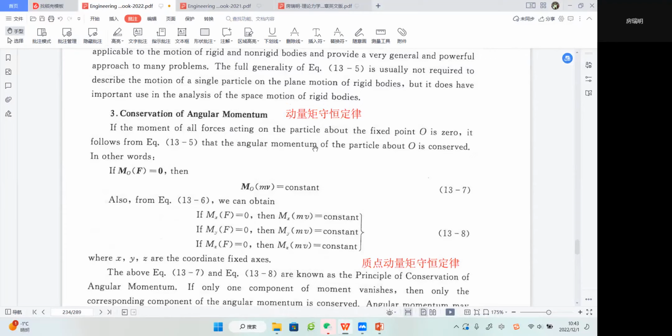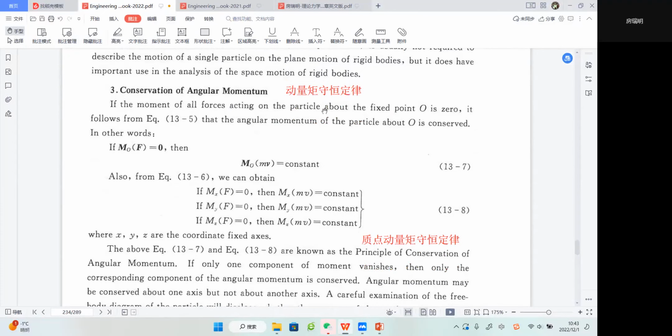So we have discussed the same thing from the principle of momentum in chapter 12. If the moment of all forces acting on the particle about a fixed point O is 0, that means what?